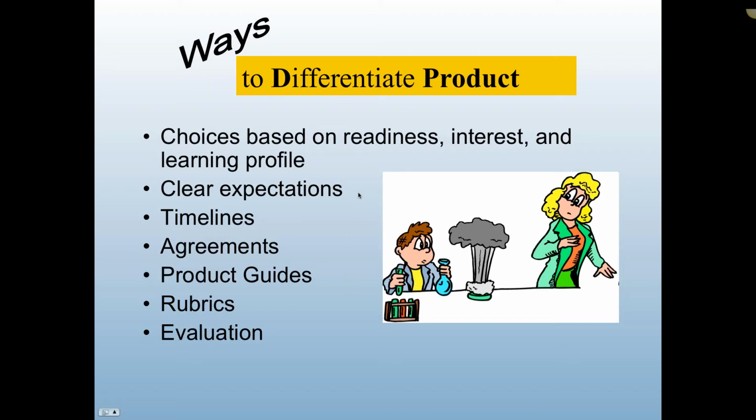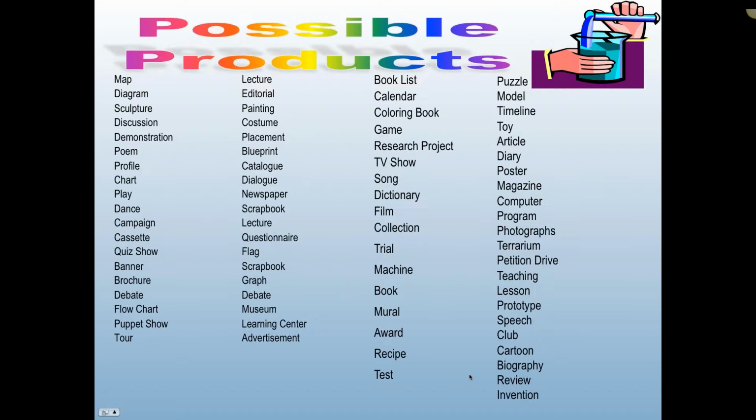So, how can we differentiate product? By our expectations, by our timelines, by these agreements that we have, maybe by using a rubric. Okay? So, look at this, an incredible list, all the possible products. And again, as a teacher, you do what you feel comfortable with. And again, it's got to make sense.